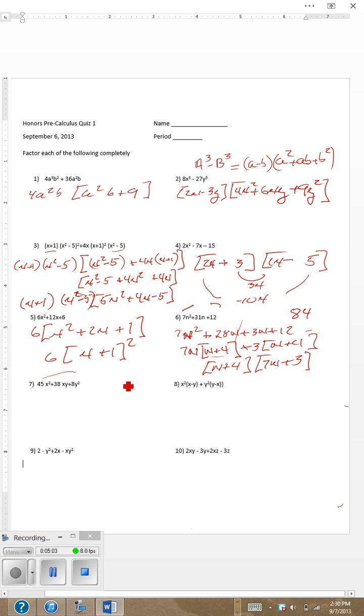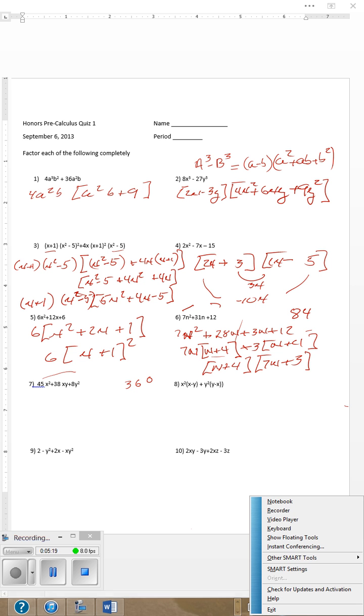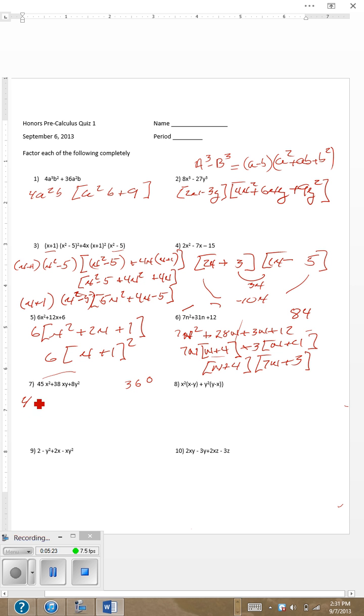Multiply the ends. The ends multiply to 360. Combination of numbers multiplying to 360, adding to 38, that combination is 20 and 18. Middle term is redefined now. So we've got 45x squared plus 20xy plus 18xy plus 8y squared.